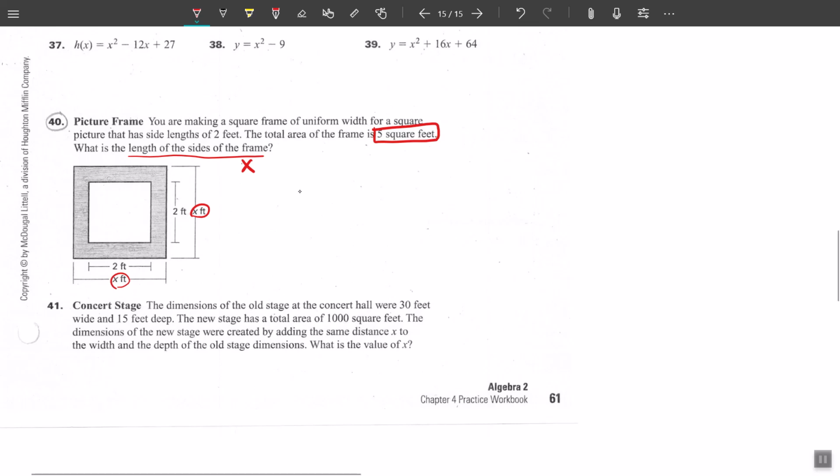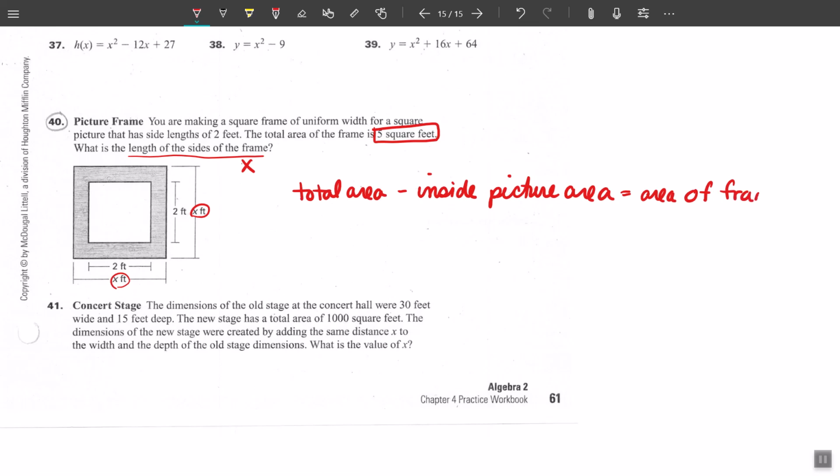So we take our total area, pretending that piece was still in there, and subtract the inside picture area, just where the picture would actually show up, and we get the area of the frame. The total area we don't know, but we do know this is x, and this is x. So if we multiply those together, length times width, we get x squared.